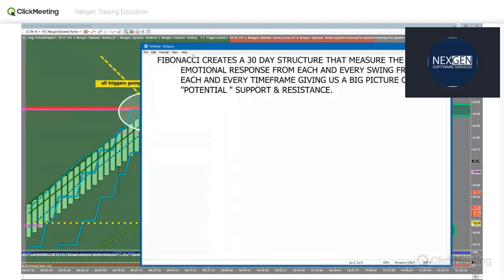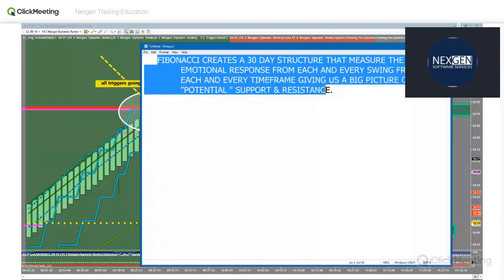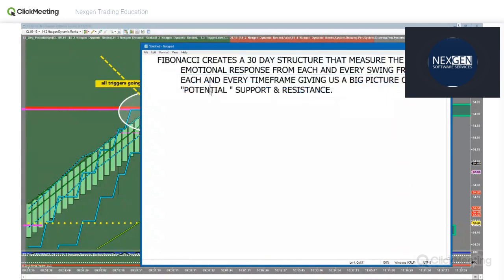So look, Fibonacci is a high-level 30-day structure that measures the emotional responses from each and every swing, from each and every time frame, giving us a big potential support and resistance. The trigger lines, think about it, are only a 20 bar or 38 bar, let's call it moving average.